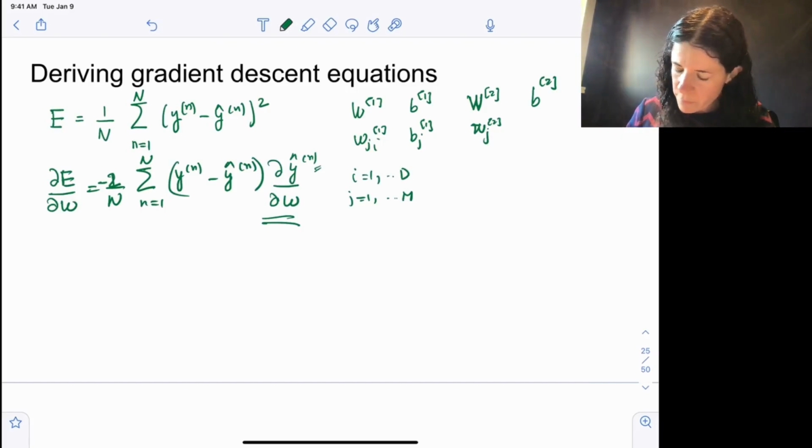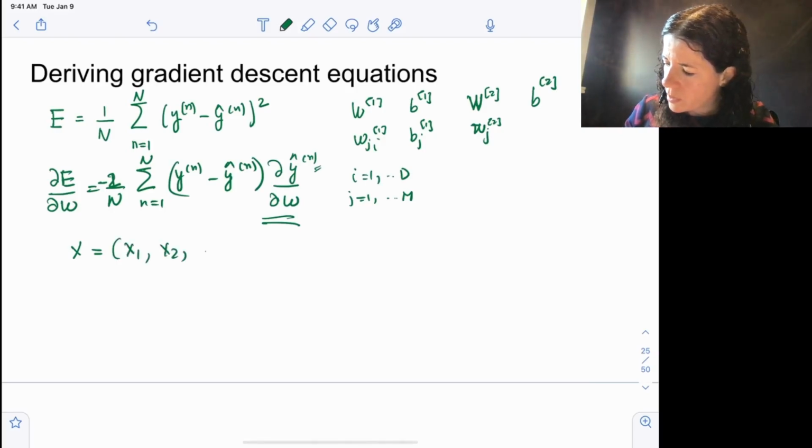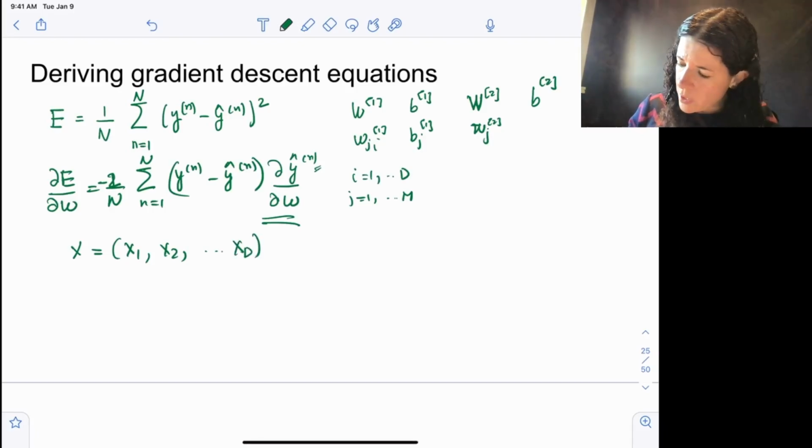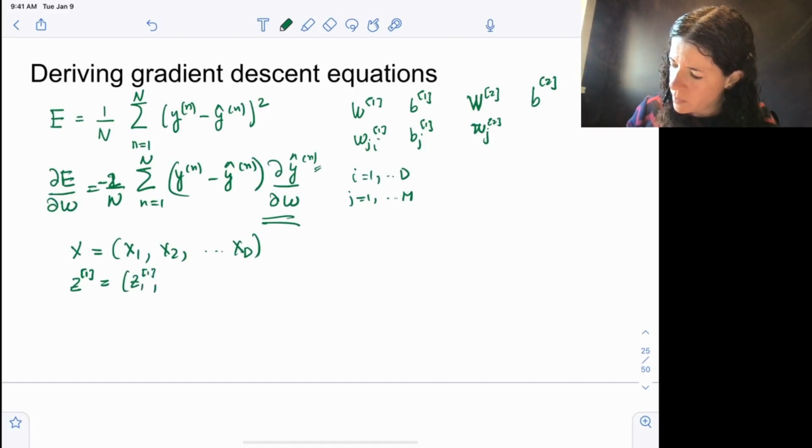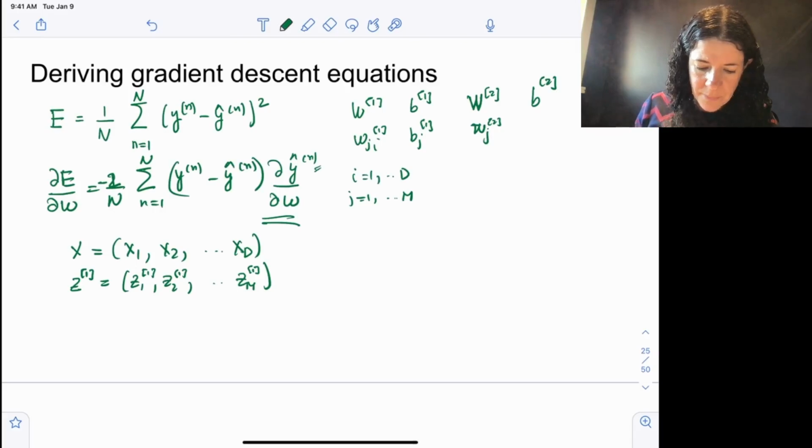So we have x is a d-dimensional vector, so x is x1, x2, up to xd. And we have z1, which is an m-dimensional vector, right? Which is z_1^1, z_2^1, and z_m^1, and this is an m-dimensional vector.